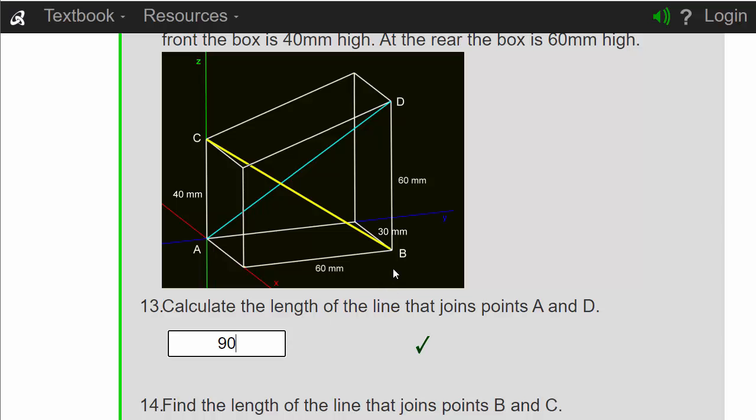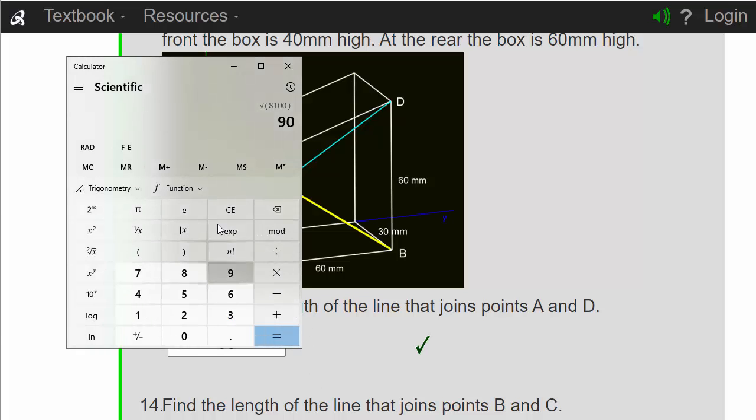Question 14. Find the length of the line that joins the points B and C. So this is a similar calculation to the previous one. We're using the same diagonal of the base, only instead of having 60 squared, this time we're going to have 40 squared. So we can just put that straight into the calculator.